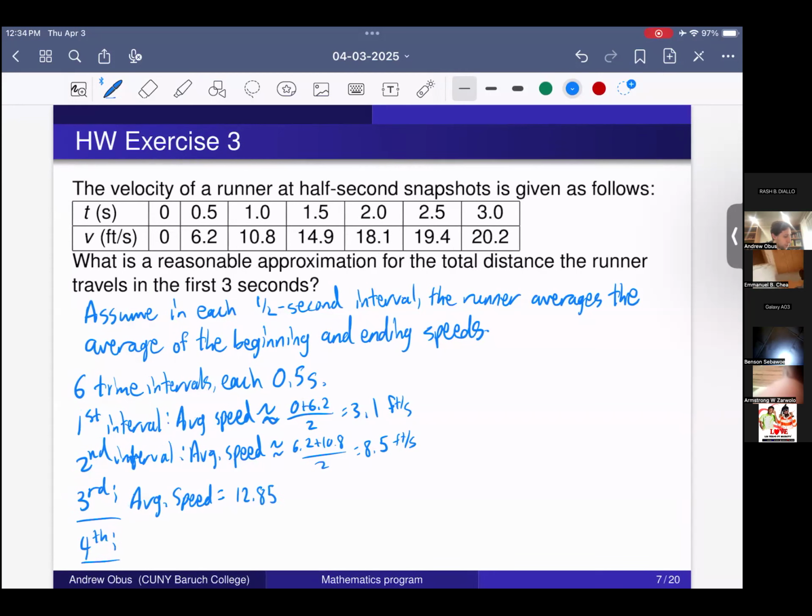The fourth interval, average speed, it's 14.9 plus 18.1. That's 33. So the average speed is equal to 16.5. In the fifth interval, we have 18.1 plus 19.4 divided by 2. So the average speed is 18.75.